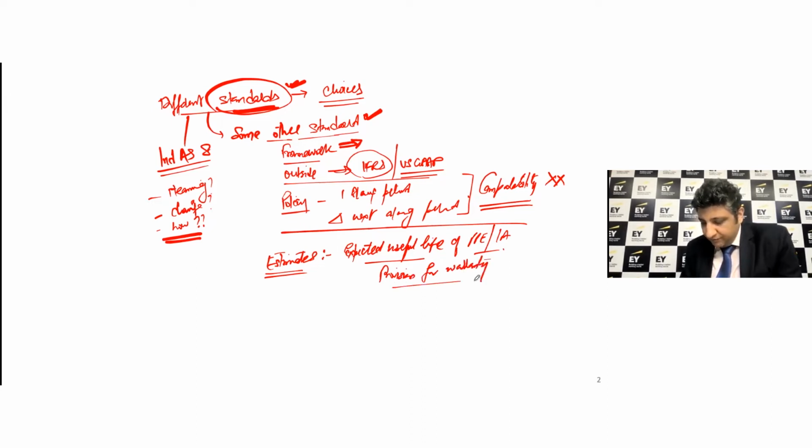Or maybe you're talking about a warranty provision, right? If what I was thinking today, which was my estimate about the future, changes in the next accounting period, in the next year, because the underlying circumstances have changed, right? Say, for example, I was assuming that I have a machine that is expected to have a life of 10 years, right?